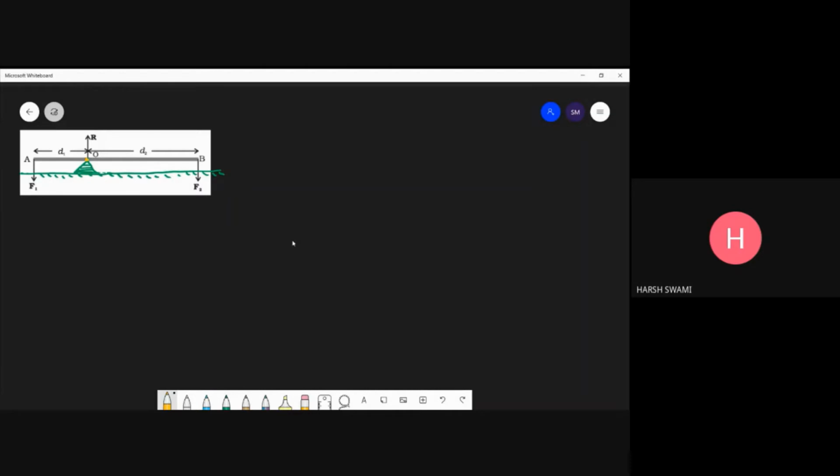Fulcrum. And what do I call this object? Support. So the support is this, and this dot here is your fulcrum.